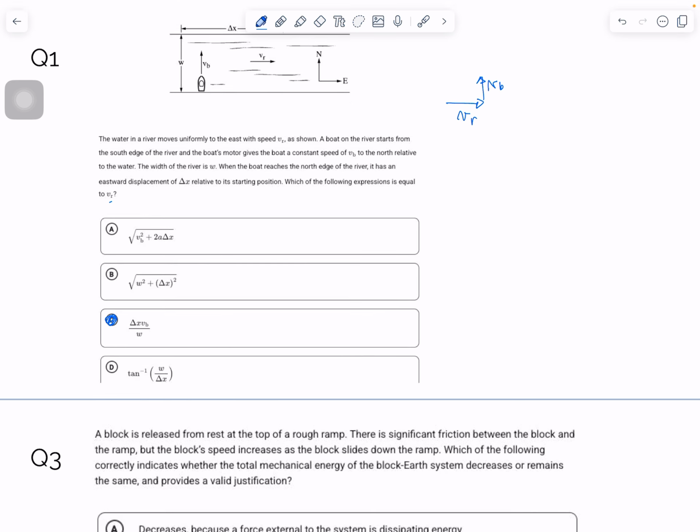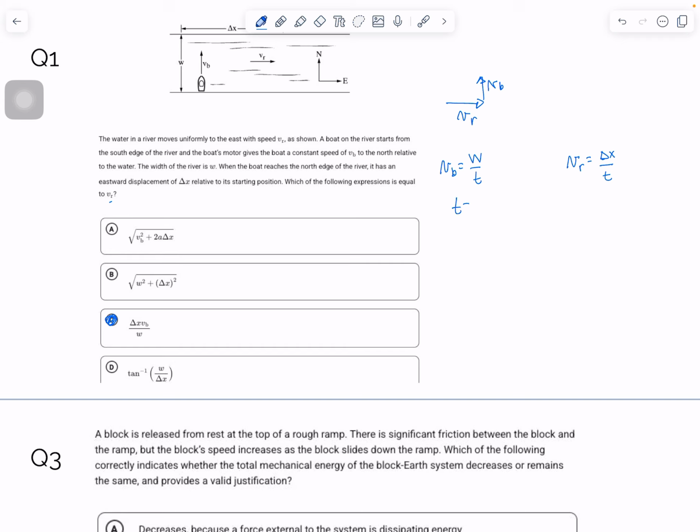And so I know that the velocity of the boat is going to be W over T. And then velocity of the river is going to be delta x over t. It's the same t. And so when I look at my answers, none of them have t in it. So I just need to solve for t on the boat.